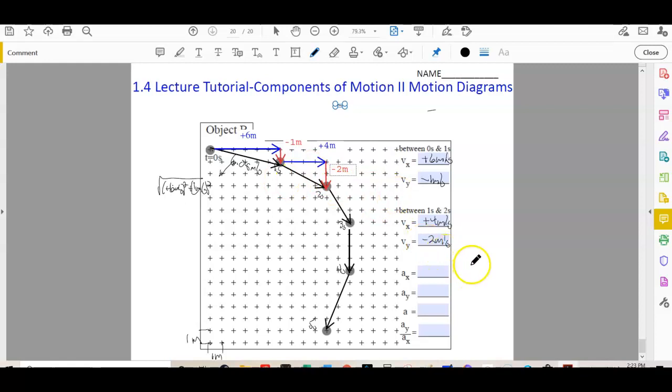Well, to get the acceleration in the x direction, you're going to do final velocity minus initial velocity over delta t, right? Well, that final velocity is going to be positive 4 meters per second, and that initial velocity is 6 meters per second.